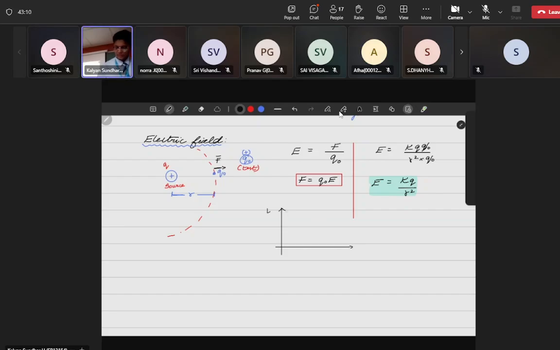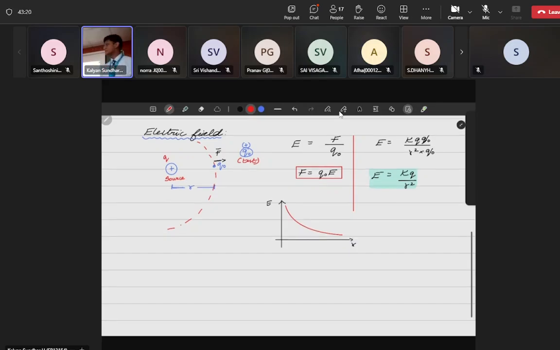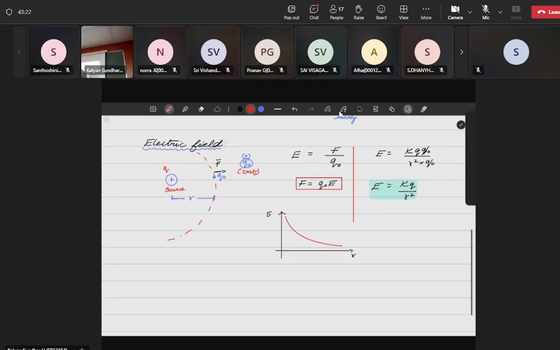So this is how the graph looks like, E versus r, right, and this we are calculating only for a point charge.